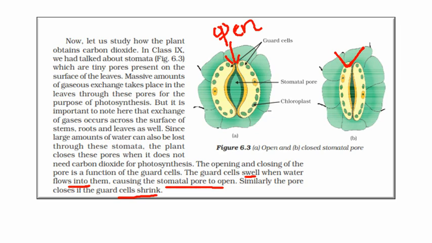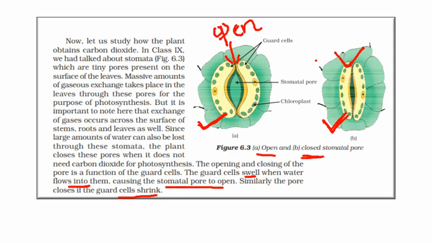So the guard cells swell when the water flows into them, causing the stomatal pore to open, and similarly the pores close if the guard cells shrink. This is shrink and this is swell. Swell means we call it open, and shrink means that's why we call it a closed stomatal pore.